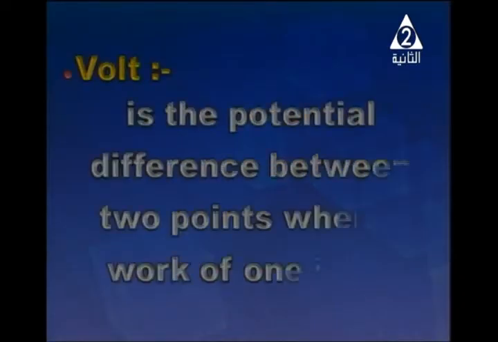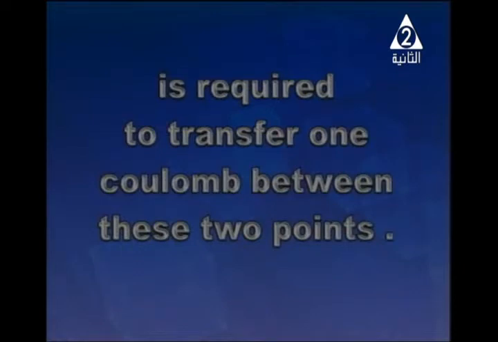So volt is the potential difference between 2 points when a work of 1 joule is required to transfer 1 coulomb between these 2 points. Also, there is another definition for volt.